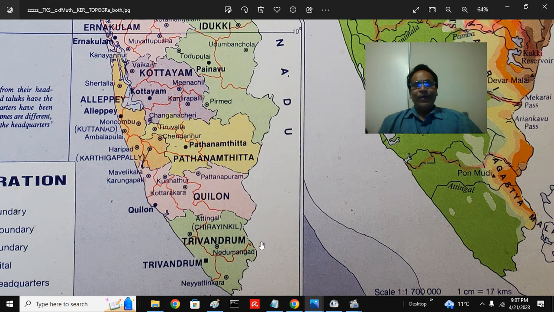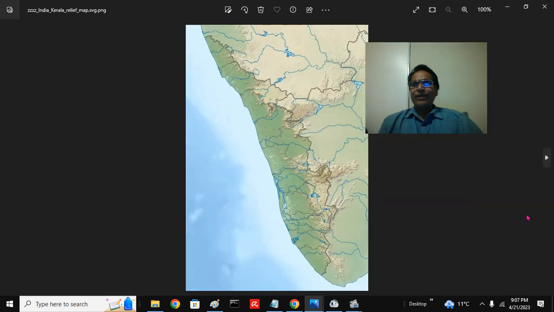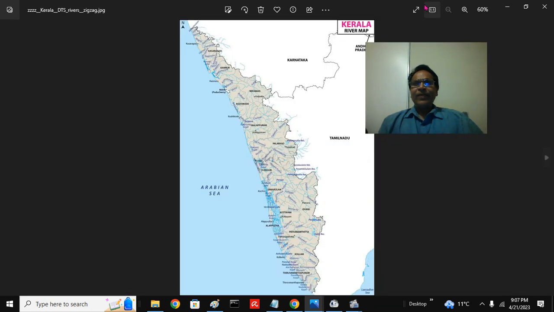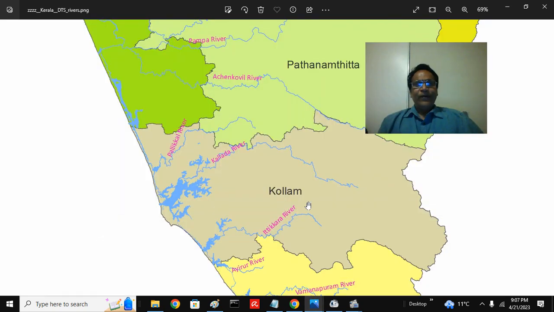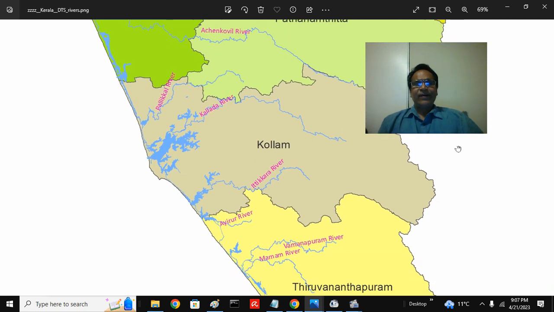So here what we have not shown is the Nanjil Nadu, that is the Tamil speaking Travancore region, that is Venkat, Vilavancode, Kalkulam, Thovala, Agasteeswaram and so on. So that is in the south of the Agastyamalai region, and that is the Kollam district. You can see the Kallada river, Ashtamudi lake in the Kollam district.